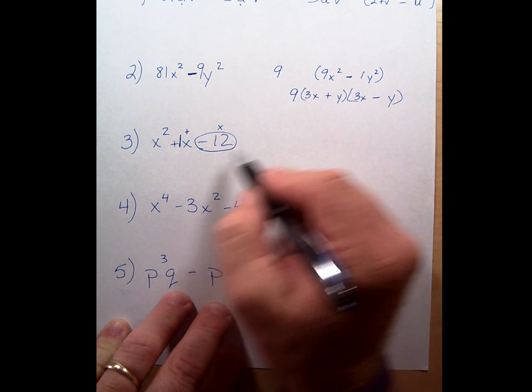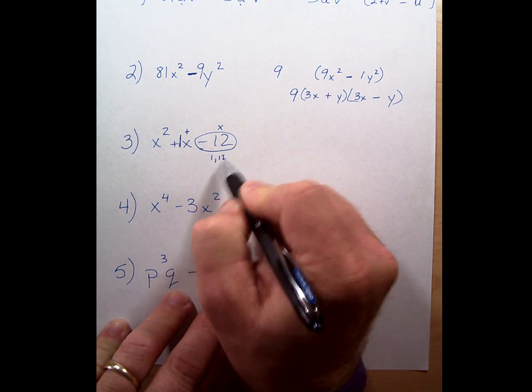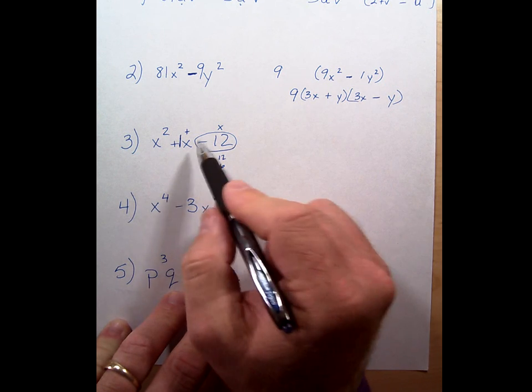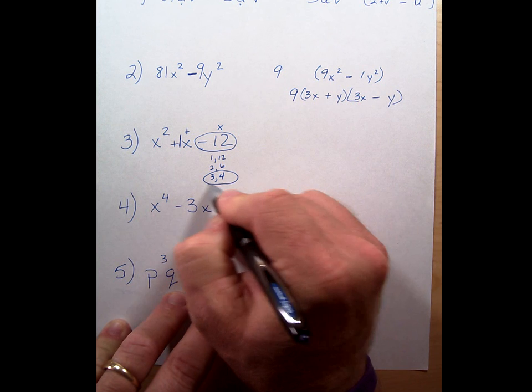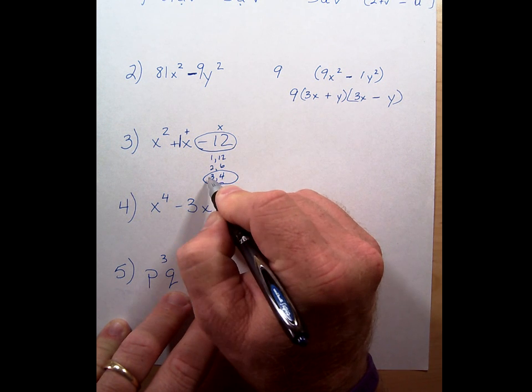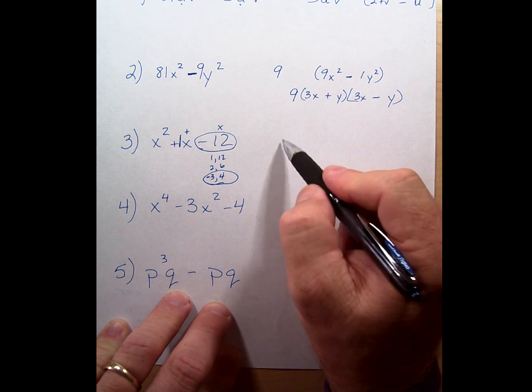So I'm looking for factors of 12. 1 and 12, 2 and 6, 3 and 4. Which one of those can I make into a positive 1? Well, these 2 obviously. Only if 4 is positive and 3 is negative. Those are the 2 factors that I will write.